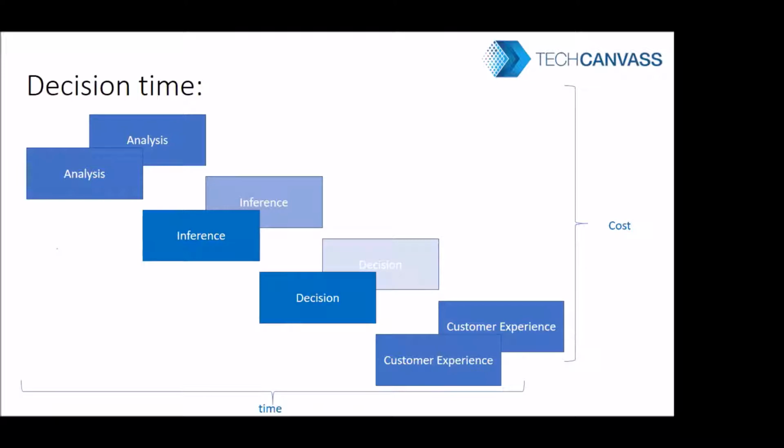So one example here is that in your normal data analytics project, when you are analyzing the data, you get some sort of inference out of it, you take a decision, you communicate it to business, and at the end of the day, they make certain changes based on that analysis, and then that improves your customer experience. This is one kind of flow which we normally see in our business.